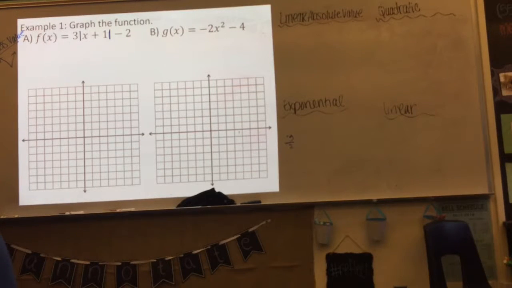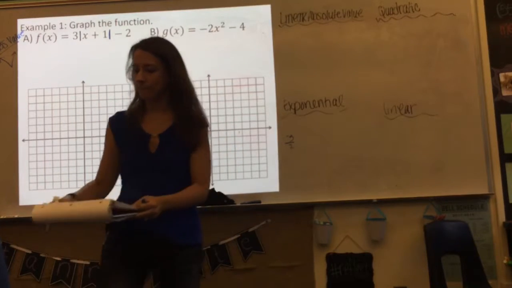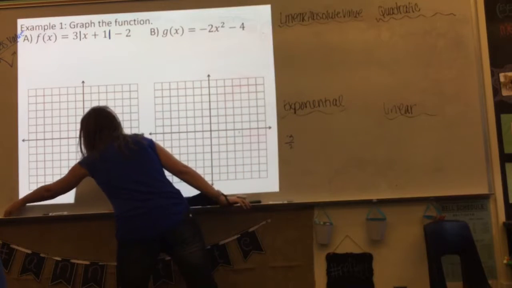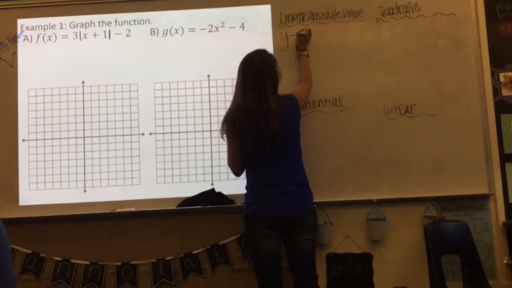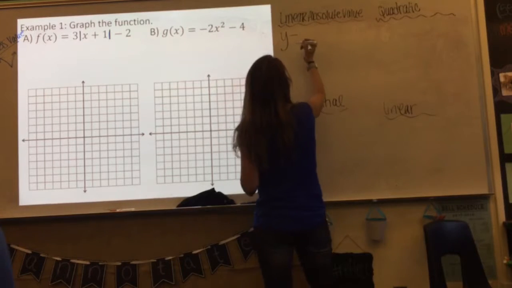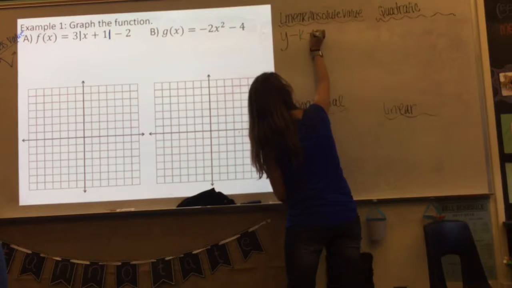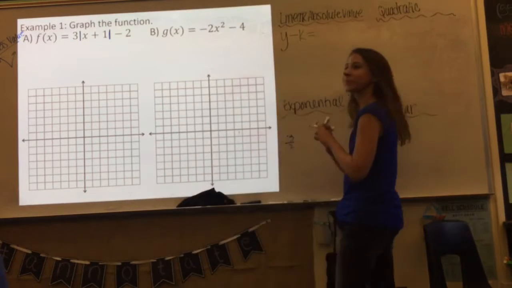Then it says, write the function in graphing form. I'm going to help you guys with that. It's always y minus what? K. And then it goes equals. For absolute value, do we have stretch or slope?